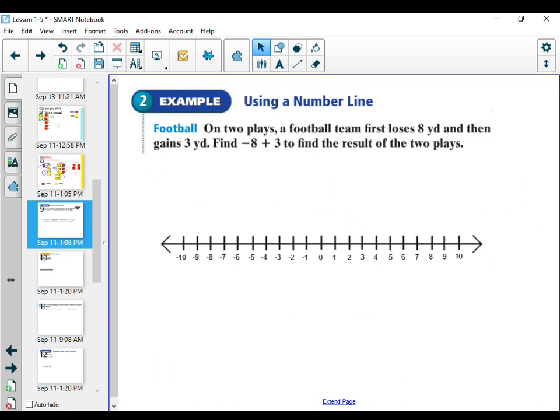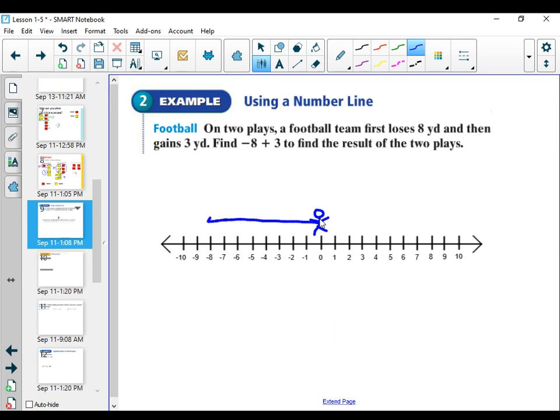Another option that helps some people is to think of a number line, especially if you are a football fan. The line of scrimmage is 0 yards. Huge bummer, the first play, the quarterback gets sacked 8 yards back.